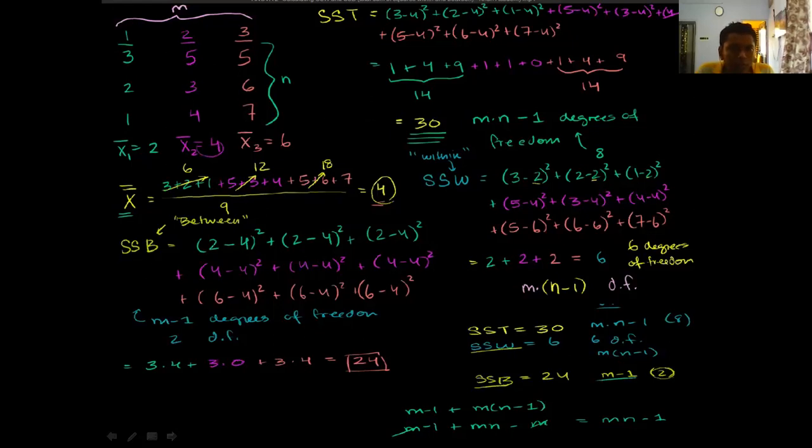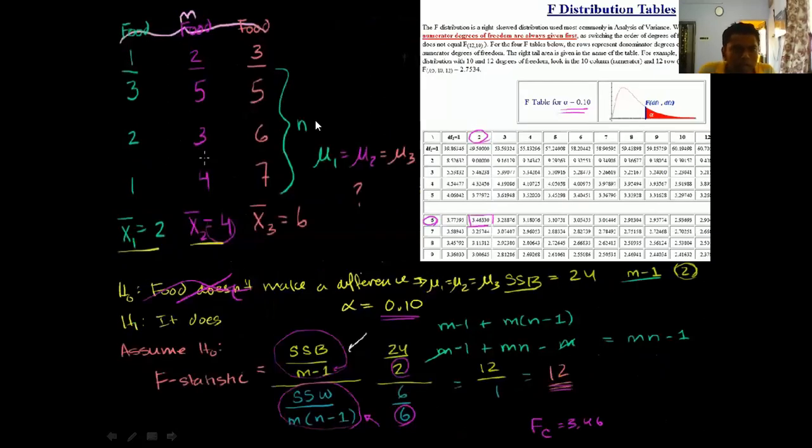So what will be your null hypothesis? This is your null hypothesis: the medicine or the food or the vaccine that you are implementing does not produce any difference between or among the means.